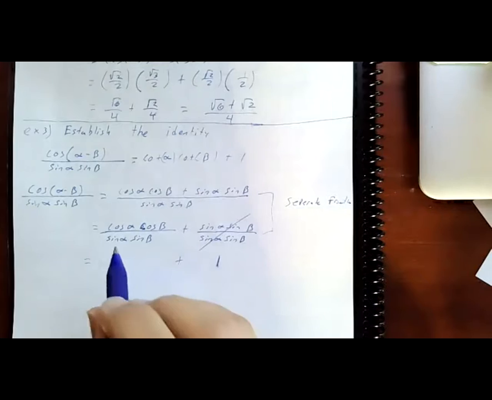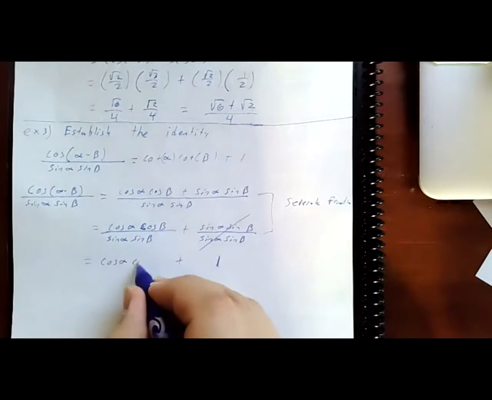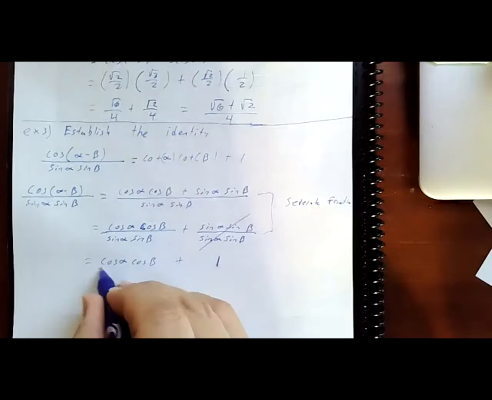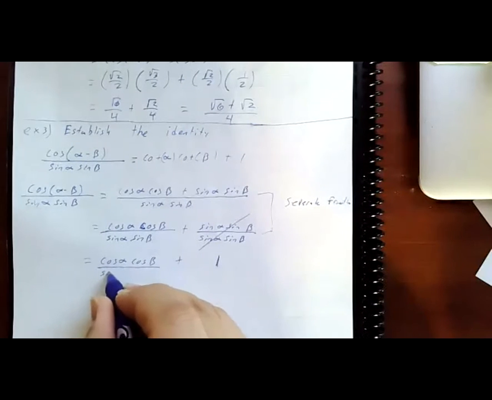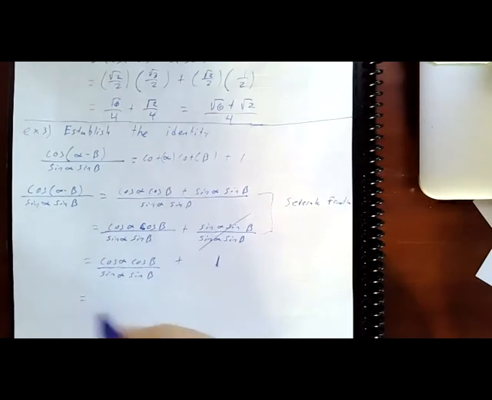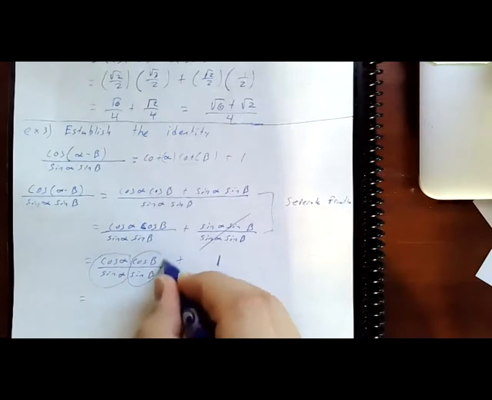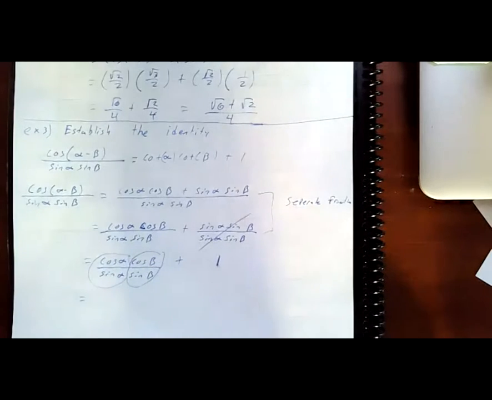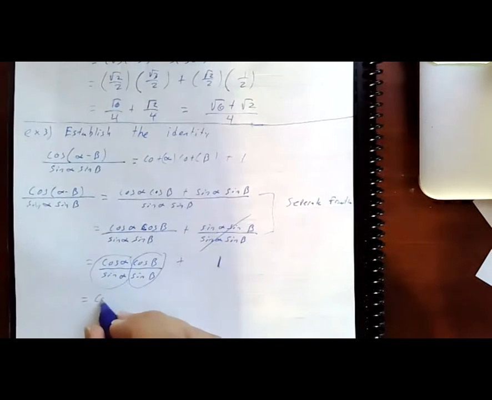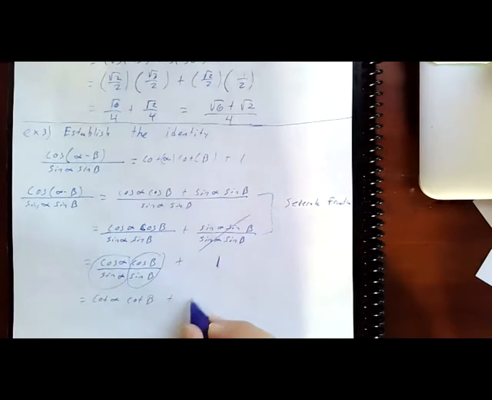Okay, so right here, though, do you see how we can create the cotangents? Now you see how these pieces are cotangent? Yeah. So this becomes cotan alpha, cotan beta plus 1.